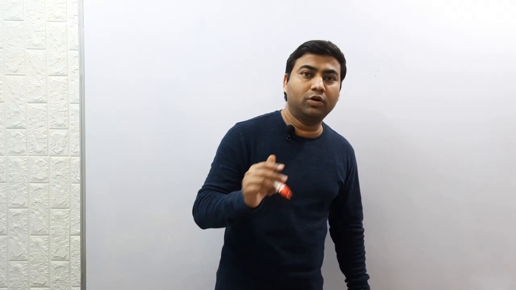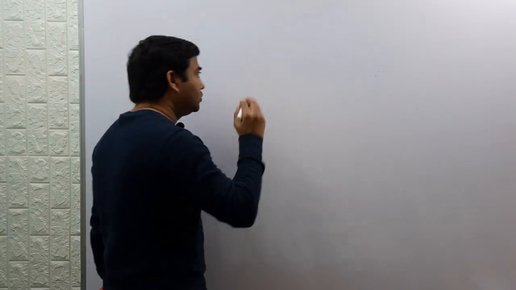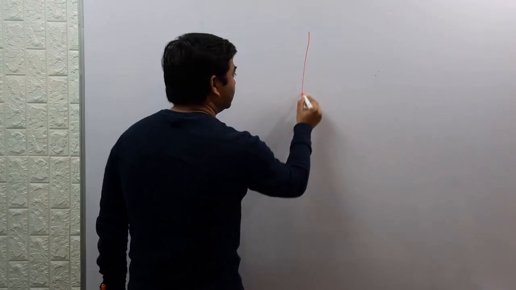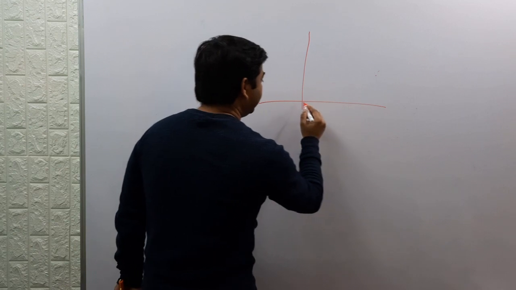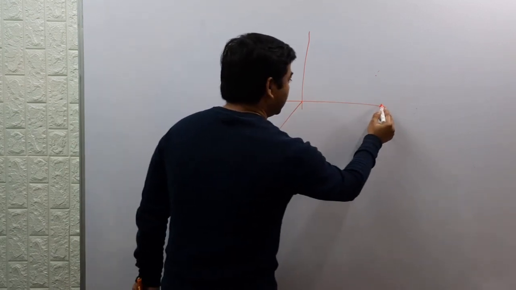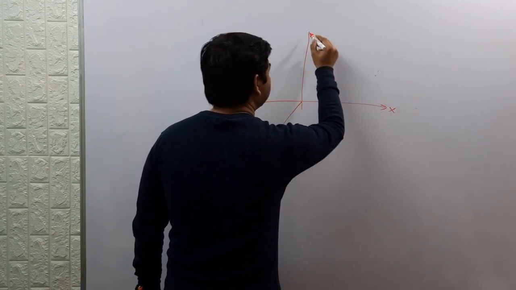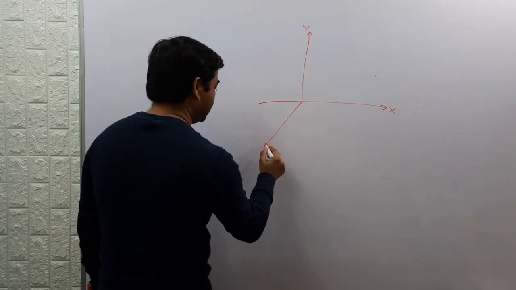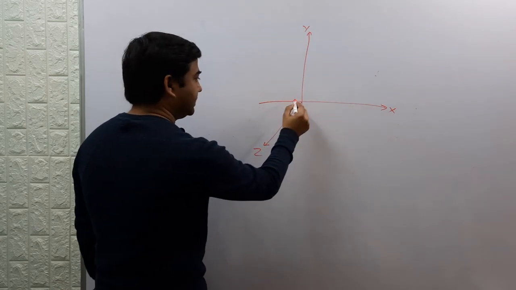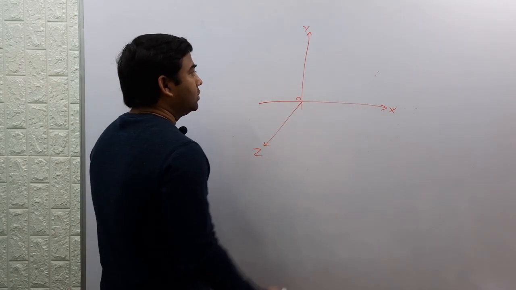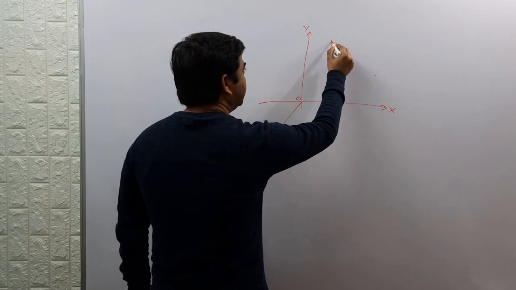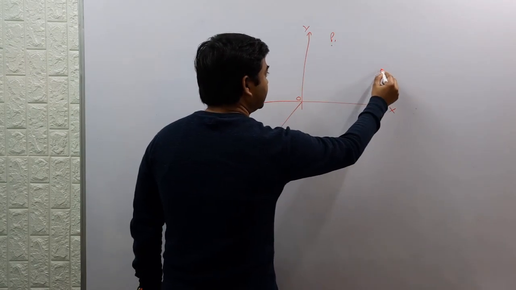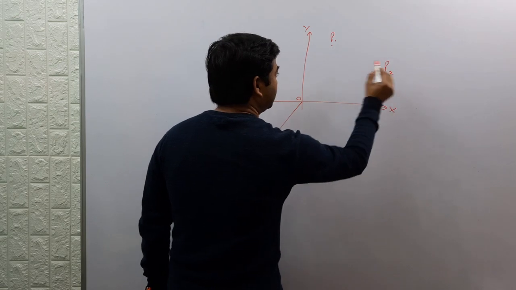Let us take a small example to show how we represent any given vector. Let this be the x-axis, this the y-axis, this the z-axis, and this the origin. Let there be a point P1 and another point P2.